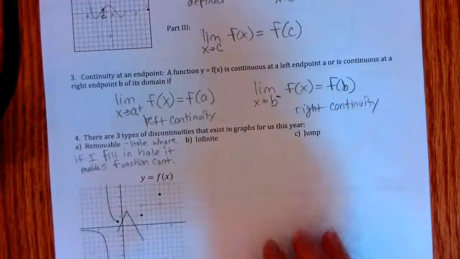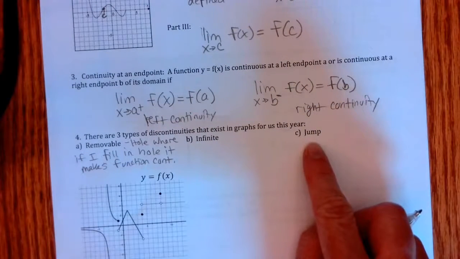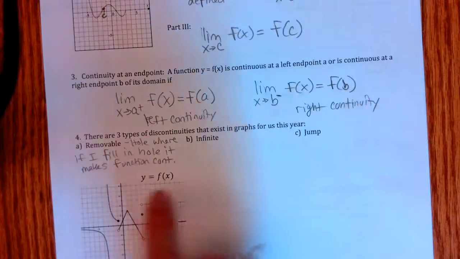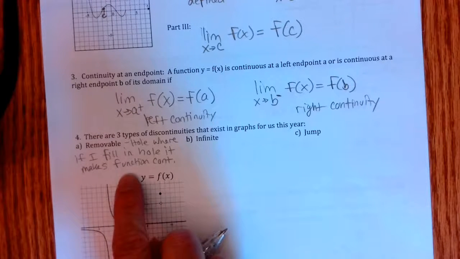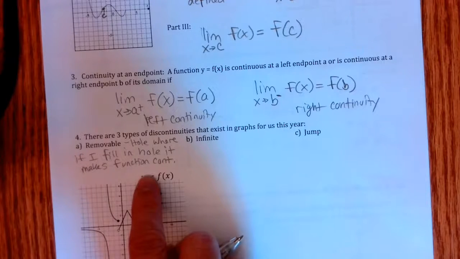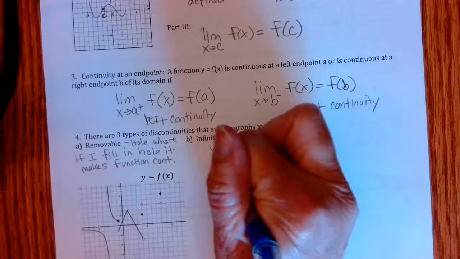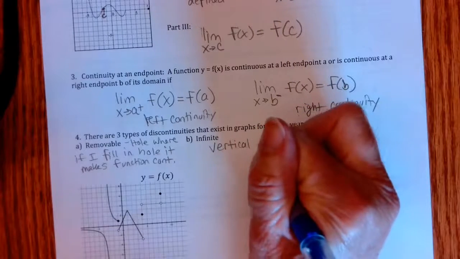The infinite discontinuities are your vertical asymptotes.